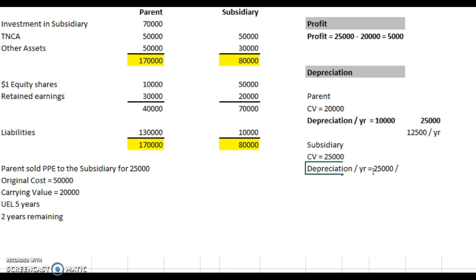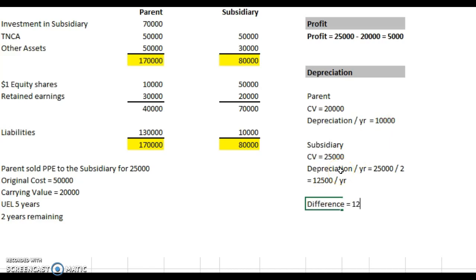Let's do that calculation in full. 25,000 divided by 2, which equals 12,500 per year. Okay, so the difference, of course, is one minus the other.